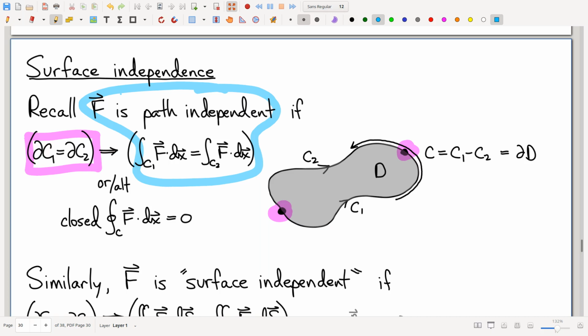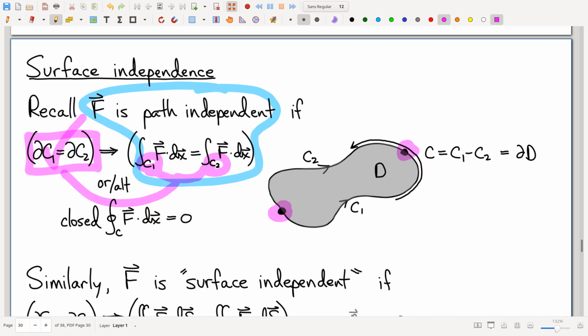All you need for a path-independent vector field to be able to conclude this, for these two curves, all you need is for them to have the same boundary points, same start, same end. Path-independent vector fields would give the same value for the line integral.